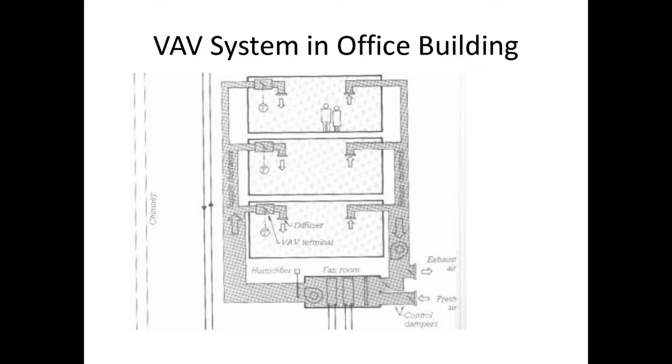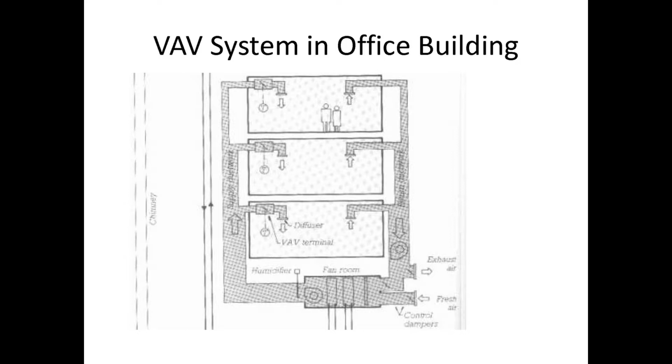So basically you have a big central air conditioner shown at the bottom of the picture. This air conditioner makes a large amount of cold air. Okay, so it serves the cold air to the various floors of the office building.